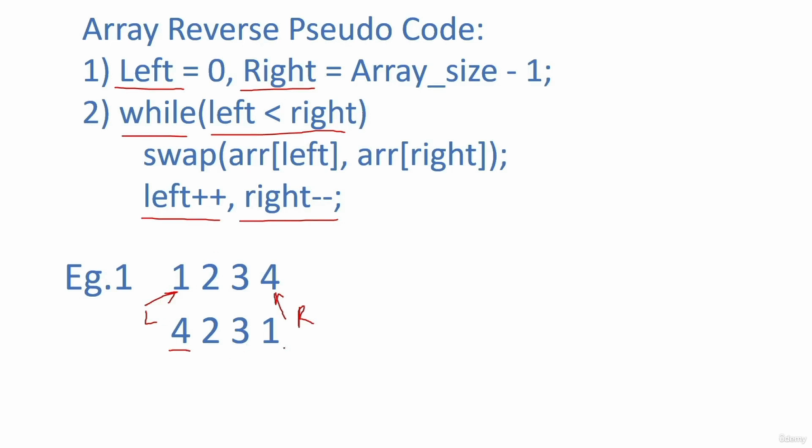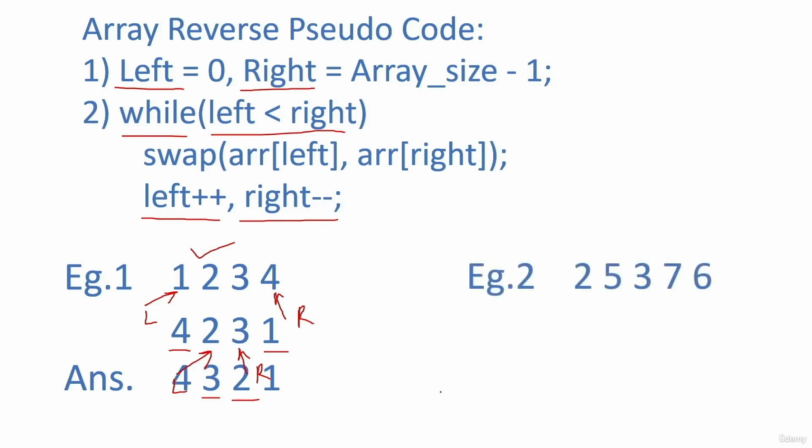So we can see that 1 and 4 got swapped, and we will increment the left pointer and decrement the right pointer here. In the next step, we will swap 2 and 3 also. So you can see that 2 and 3 got swapped. So this is our answer.